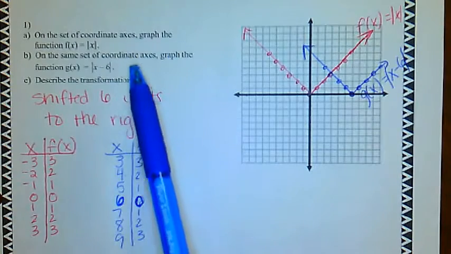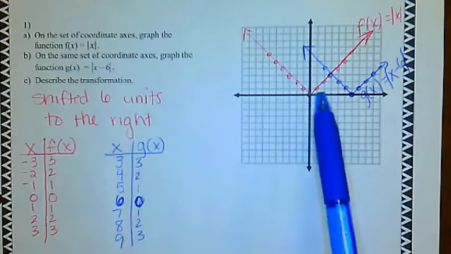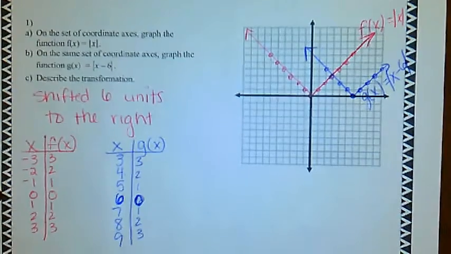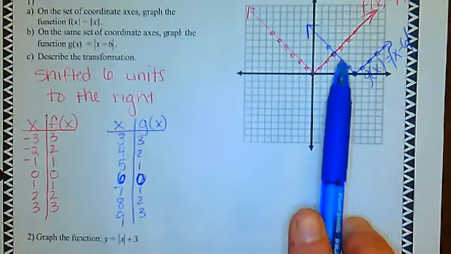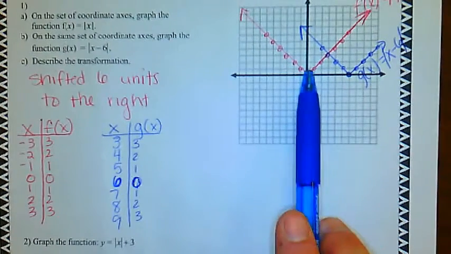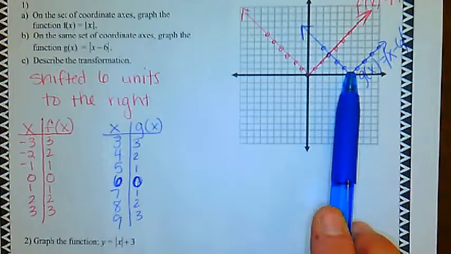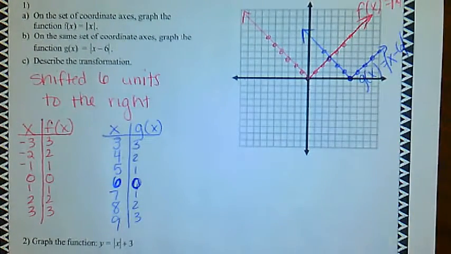And then for the next part you had to graph the absolute value of x minus 6. If you graphed that in your calculator, your tables would look like this, and you would notice that this shifted 6 units to the right. So if we subtract inside of the absolute value, it moves our function to the right.